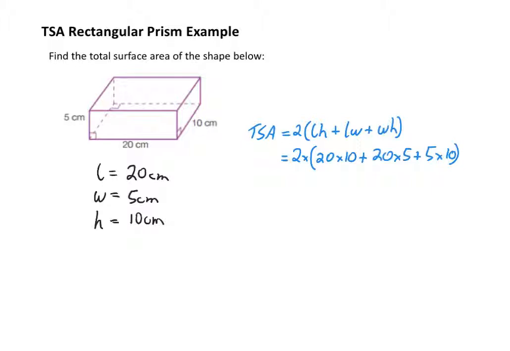So I can go ahead and put that into my calculator, or I can solve it step by step. So if I do the brackets first, it'll become 2 times 350, which equals 700 centimeters squared. So the total surface area of the rectangular prism in my example is 700 centimeters squared.